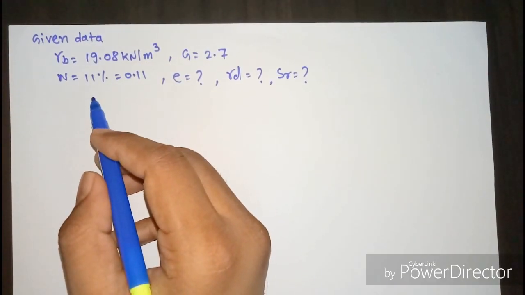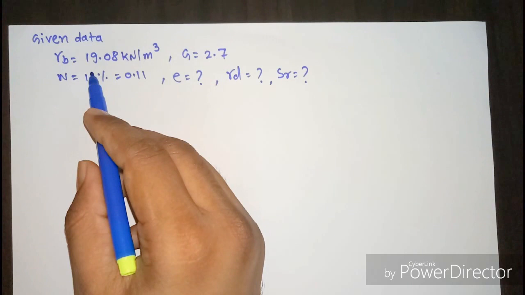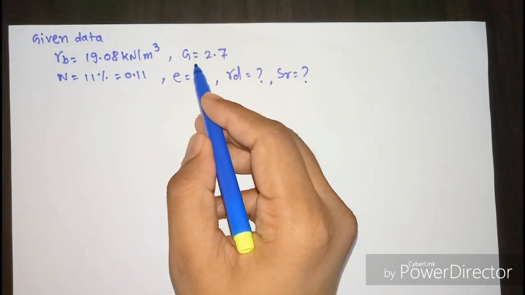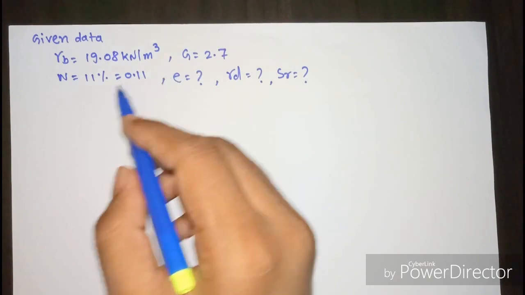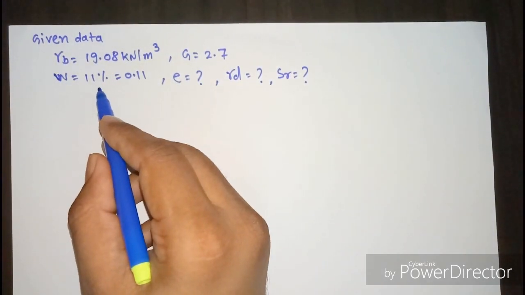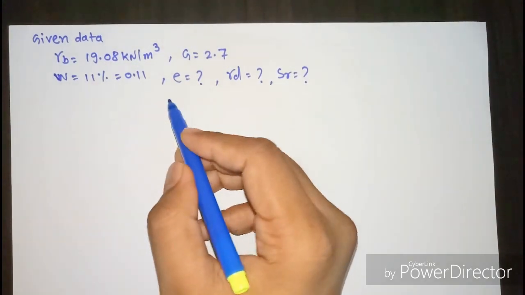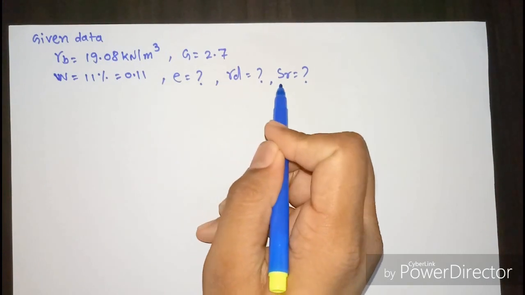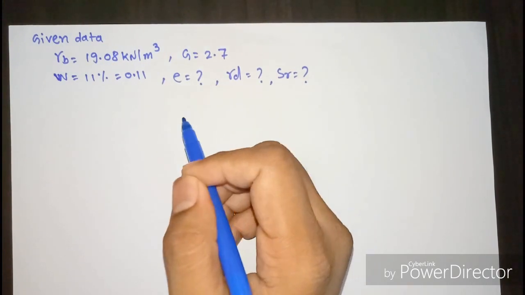So given data is gamma B is equal to 19.08 kilonewton per meter cube, specific gravity is equal to 2.7, percentage of water content or moisture content is equal to 11%, that means 0.11. We have to calculate void ratio, dry unit weight and degree of saturation.